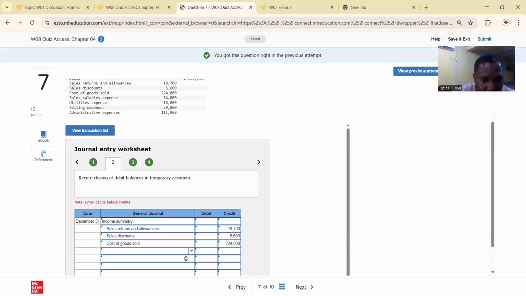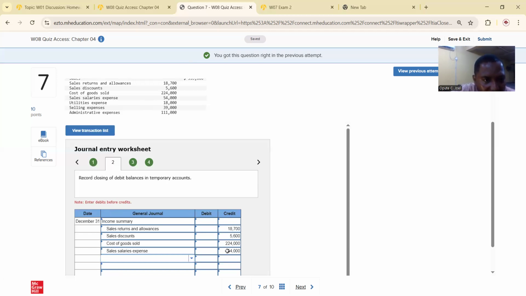The other ones are accounts that can be found both in the merchandising company and in the service company. I'll list all of them here. The first one is sales salaries expense, which is 54,000.